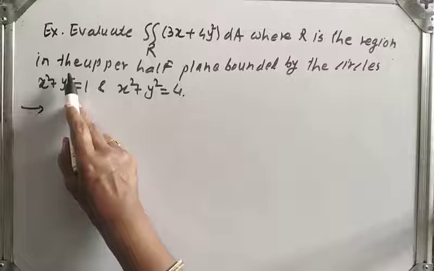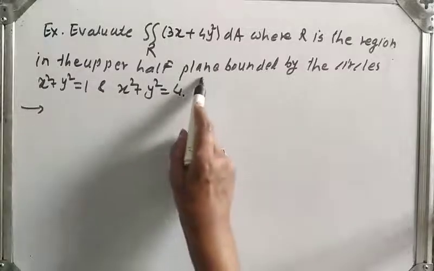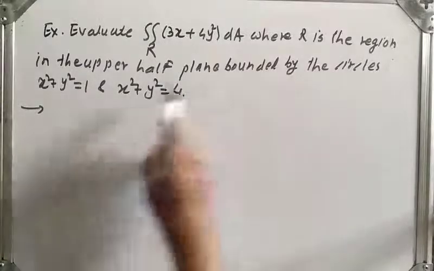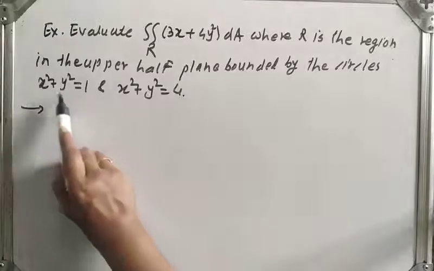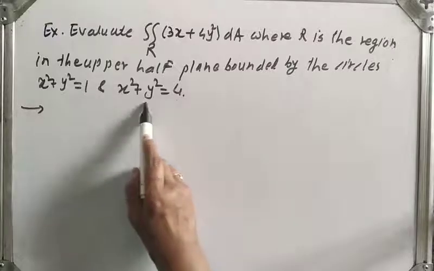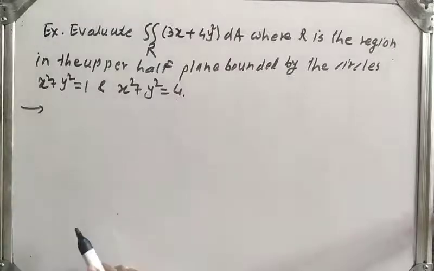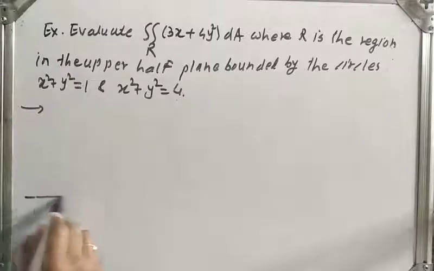What is region R? R is in the upper half plane bounded by these two circles. This is the circle with center 0, 0 and radius 1, and here center 0, 0 and radius 2. So the graph will be like this, upper half plane.